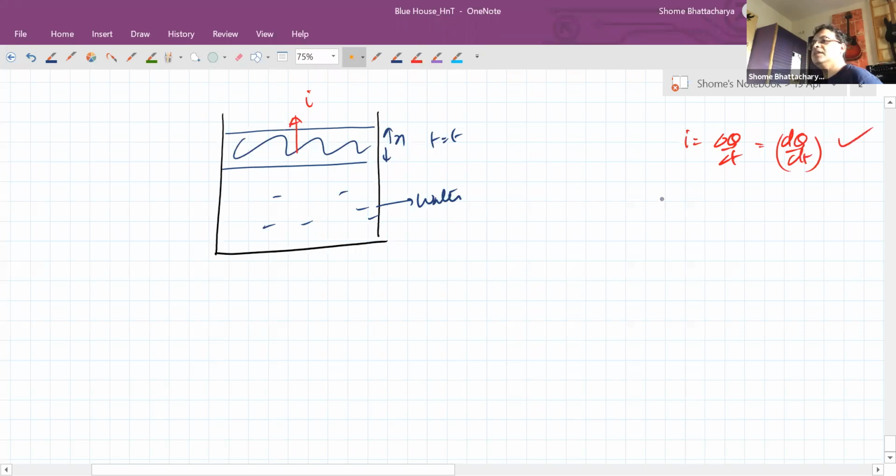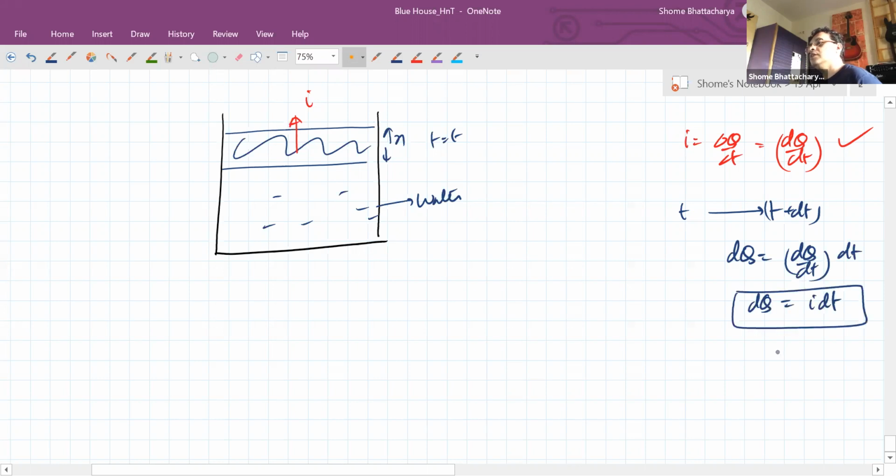So from t to t plus dt, how much heat is going out? It is equal to this rate of heat current into dt. So that is equal to Ka by L into temperature difference.